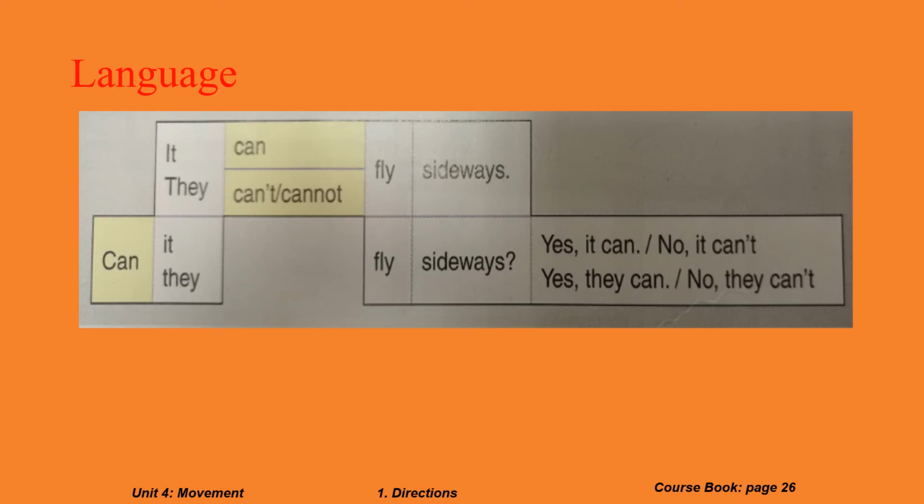And the answer is yes it can or no it can't. Can they fly sideways? The answer is yes they can or no they can't. Please study this language box very well. It helps us say if something can do something or cannot, and how to make a question and answer the question with a short answer.